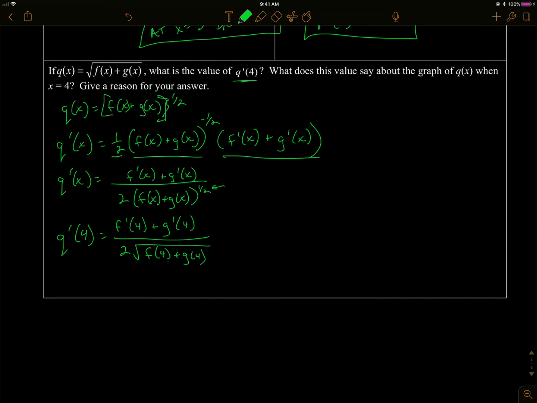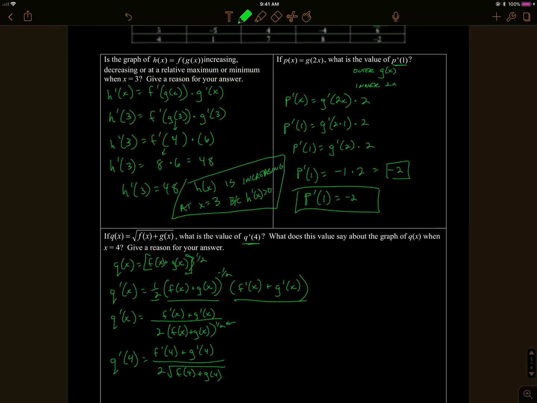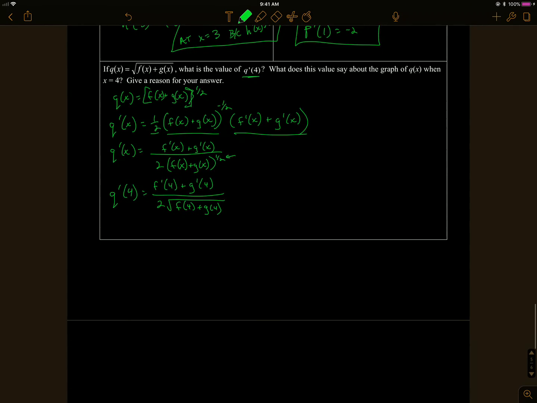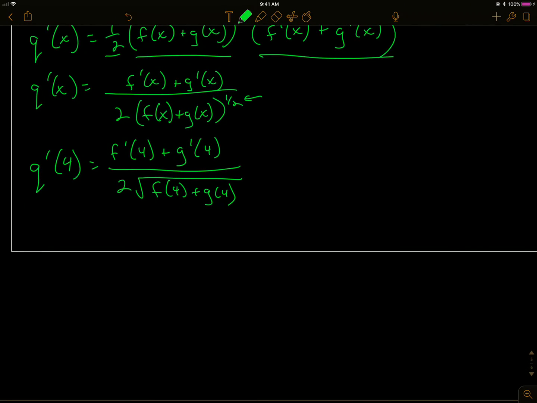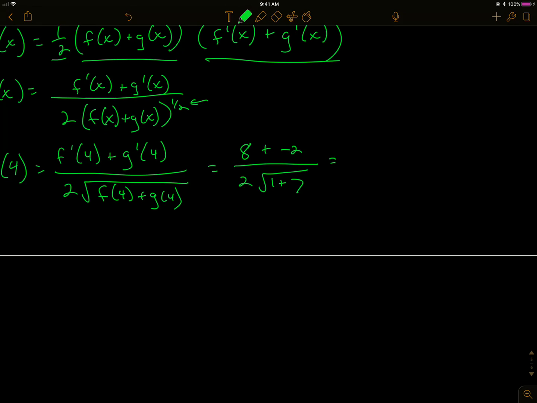Okay, so now we're going to go to the table and grab all of these numbers. In an effort to save time in this race against the Apple Pencil, I've already gone to the table and grabbed these numbers. You can confirm they're right by doing it on your own. If you want to pause the video, get ahead of me and see if you get the right answer. So I got 8 plus negative 2 over 2 times the square root of 1 plus 7, so that's going to be 6 over 2 root 8.